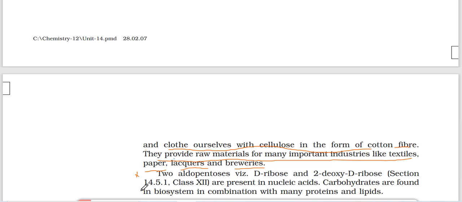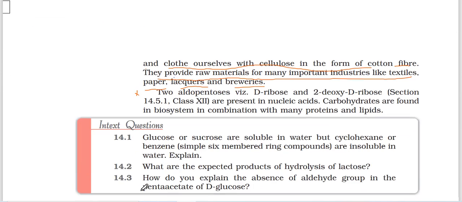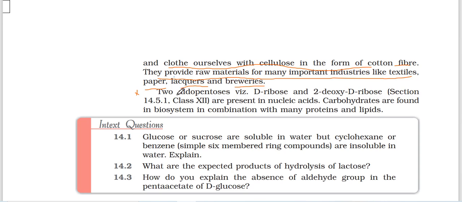Next, two aldopentoses, example D-ribose and deoxyribose. D-ribose and deoxyribose are present in nucleic acids.